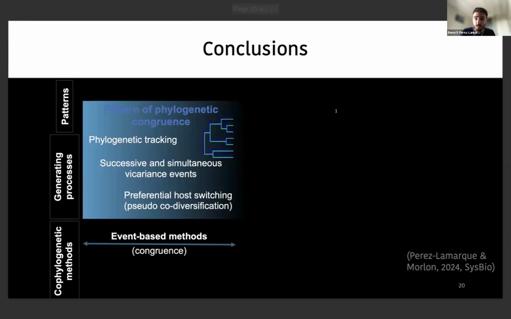And so it's pretty important in terms of processes because these two methods are complementary. When we run an event-based method and the test is significant, it means that there is a pattern of phylogenetic congruence, meaning that it can be due to processes of phylogenetic tracking, of successive and simultaneous vicariance events, or preferential host switches.